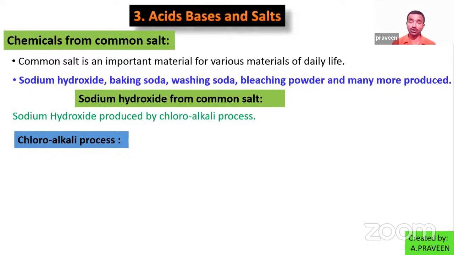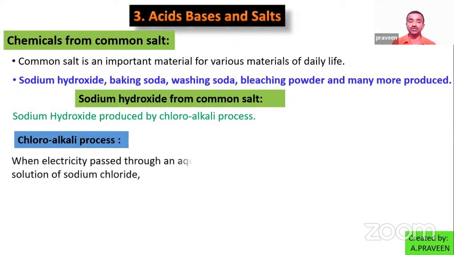The base which dissolves in water is called alkali. So by the electrolysis of the aqueous solution of sodium chloride, called brine solution, you produce a base dissolved in water, and a gas, chlorine. Based on them, we assign the name chloroalkali process.